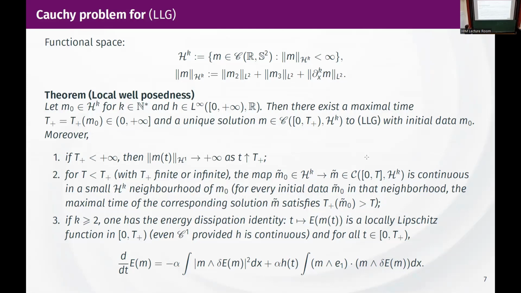And if you're smooth enough to make sense of the terms, then you have a dissipation equality. That is, the derivative of the energy has a meaning. So you have this term. I wrote it like this. It's essentially the component of dm which is orthogonal to n, which means the tangent space of the sphere.